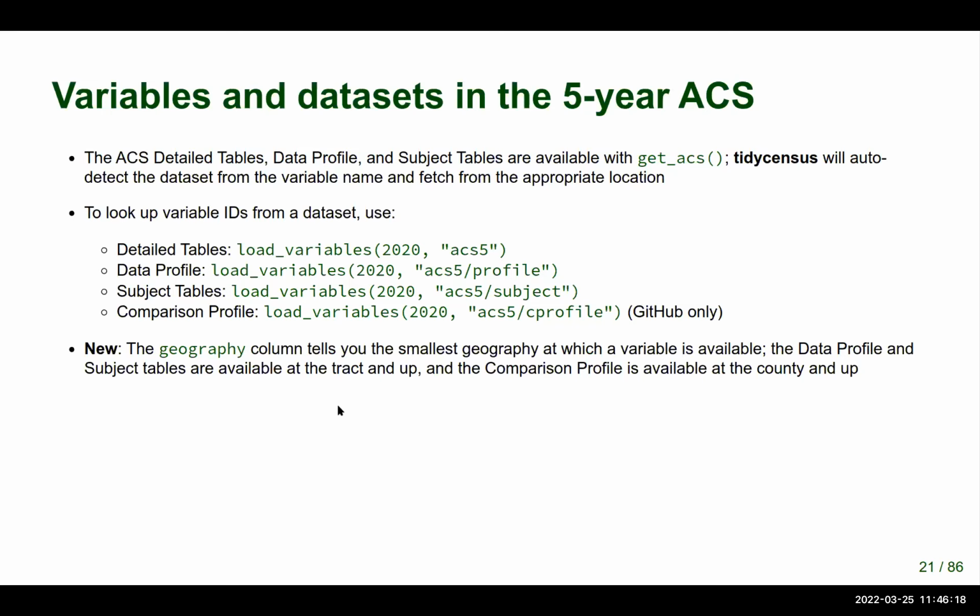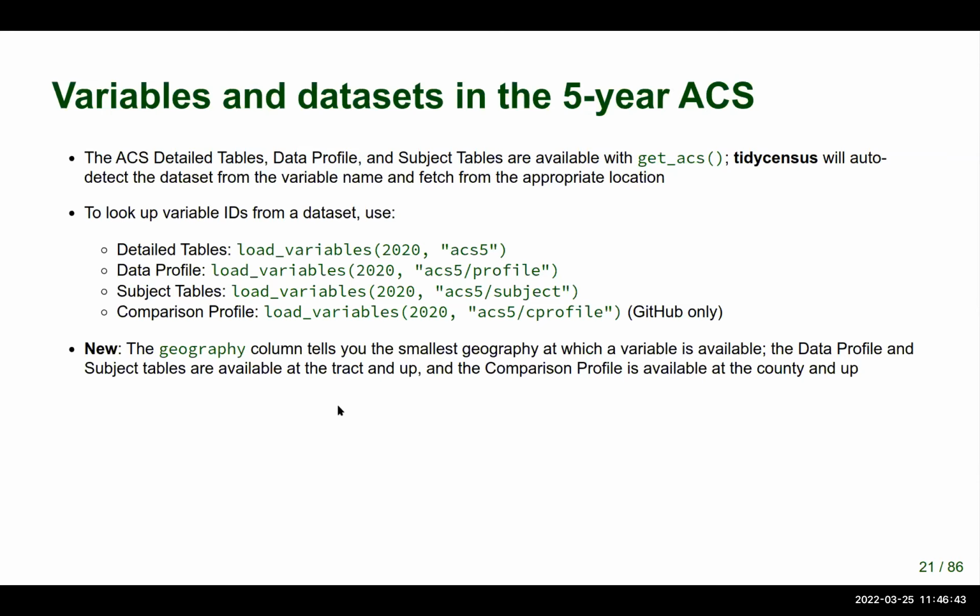If you are using the GitHub version of tidycensus, I just this week published support for the ACS comparison profile, which allows you to grab data simultaneously for 2016 to 2020 and the previous 5-year period, 2011 to 2015, to make appropriate comparisons and do time series analysis.